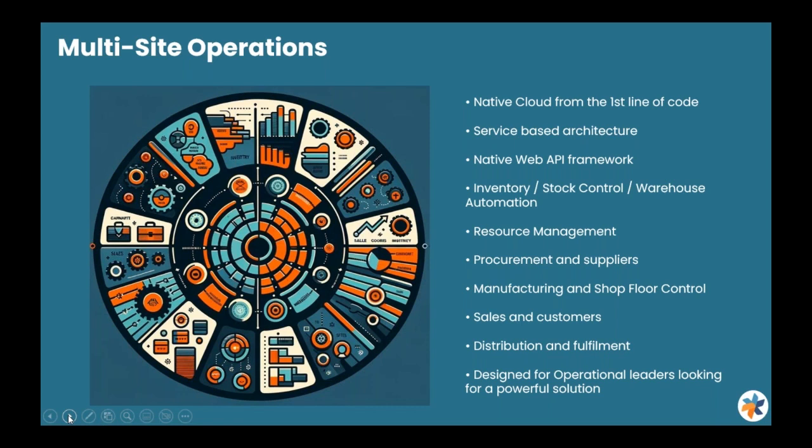It has a native web API framework, which means it really can just be integrated with just about anything. It has inventory, stock control, warehouse automation, resource management, the ability to do procurement and suppliers, manufacturing and shop floor control, has sales and customers, can do distribution and fulfillment, and is really designed for operational leaders looking for that powerful solution.